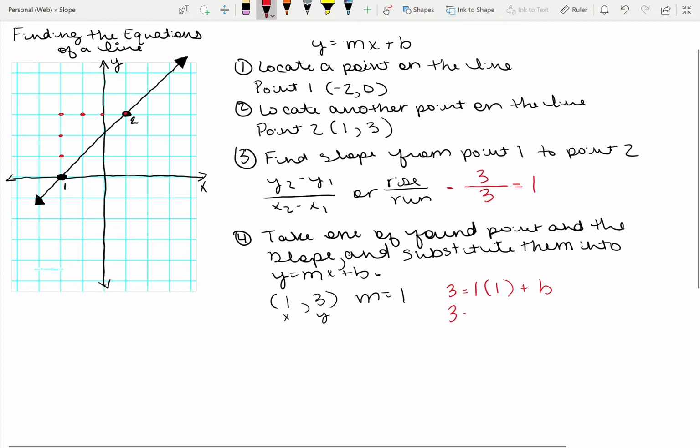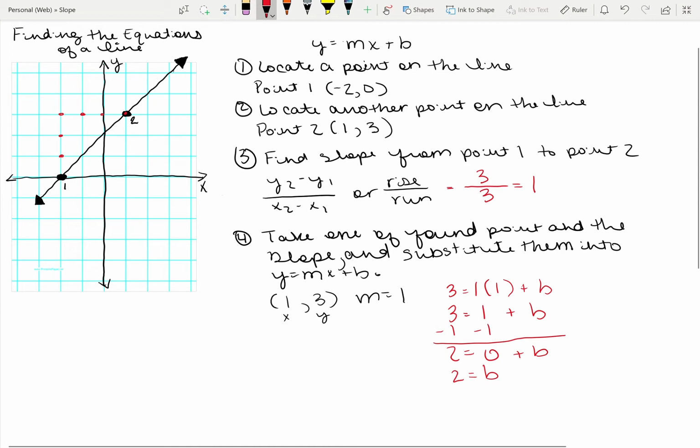So I have 3 is equal to 1 plus b. And of course, I'm subtracting 1 from both sides of the equal sign. And so I have 0 plus b is equal to 2. So we find that 2 is equal to b, or b is equal to 2.